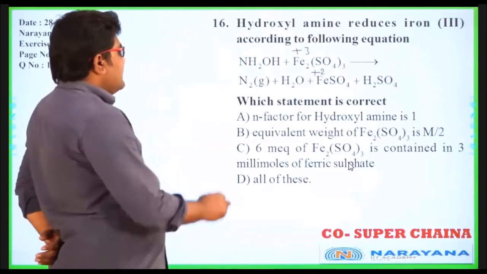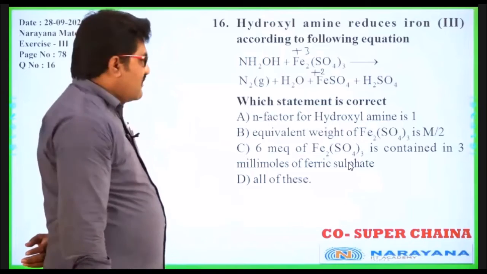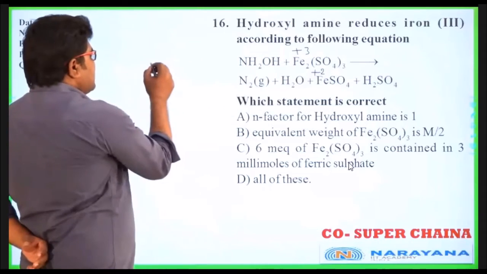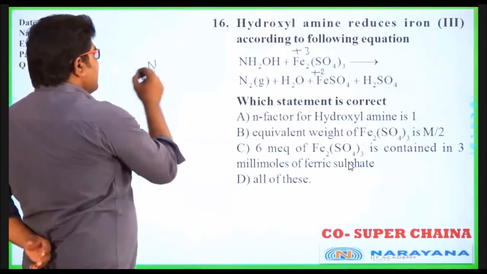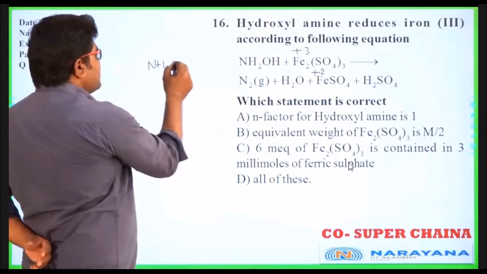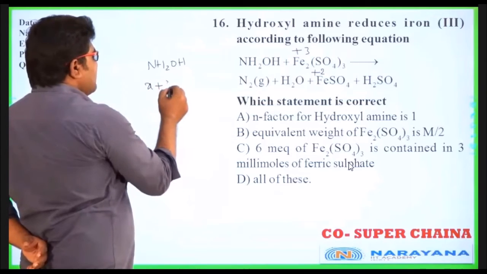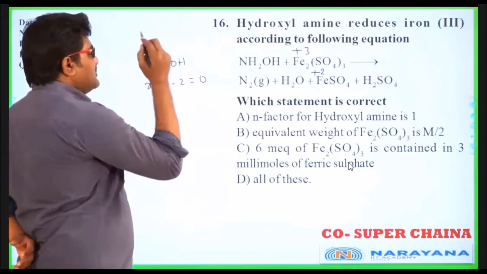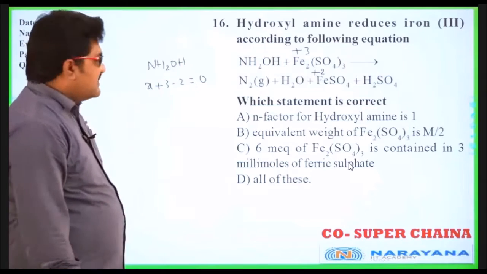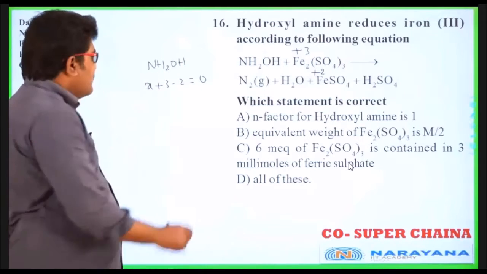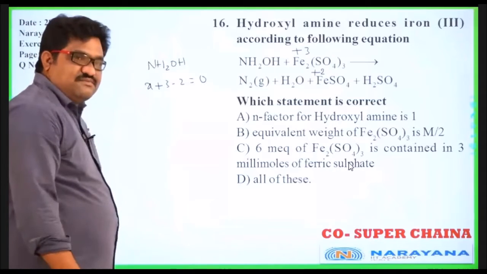Now here in hydroxylamine NH2OH, if you want to find the oxidation number, X plus 3 minus 2 is equal to 0. How is it possible? 3 hydrogens are there, each one is plus 1. 1 oxygen is there, minus 2.